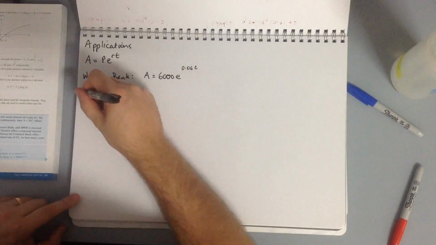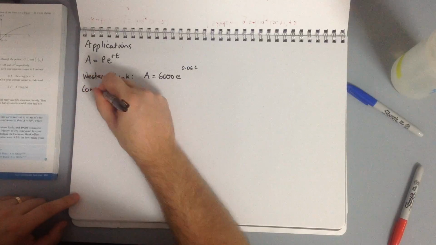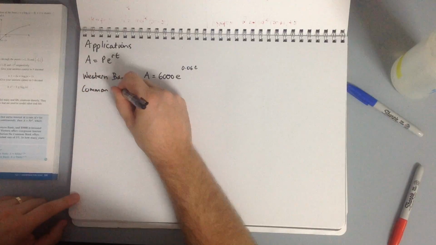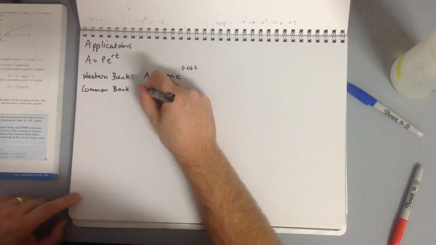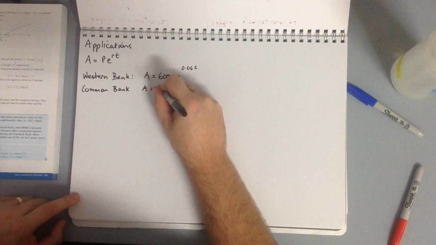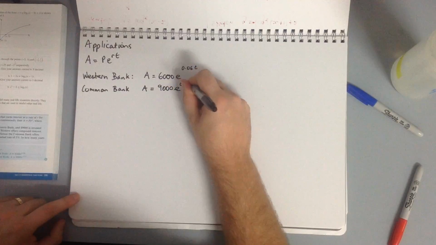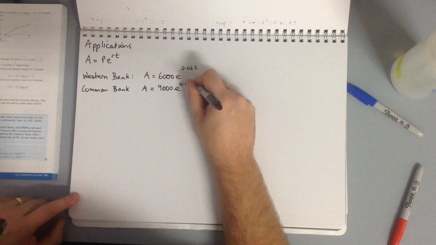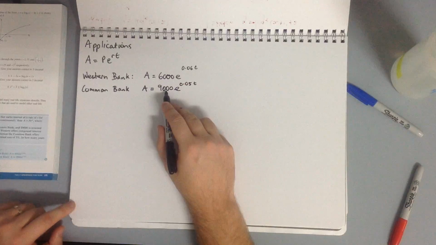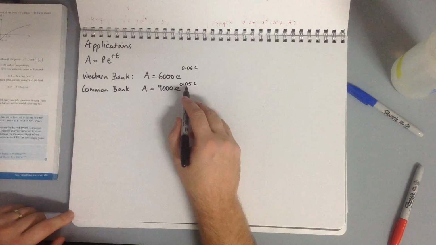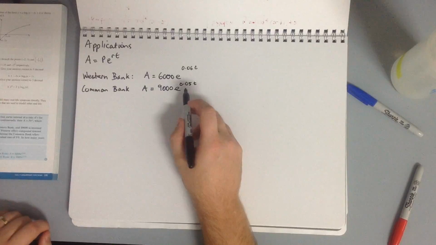And for the Common Bank, A equals 9,000 e to the 0.05 t, because we were investing 9,000 at an interest rate of 0.05, or 5%.